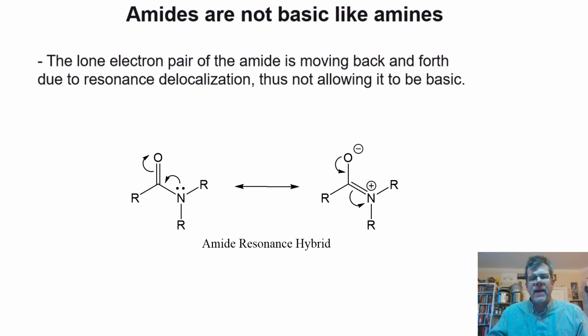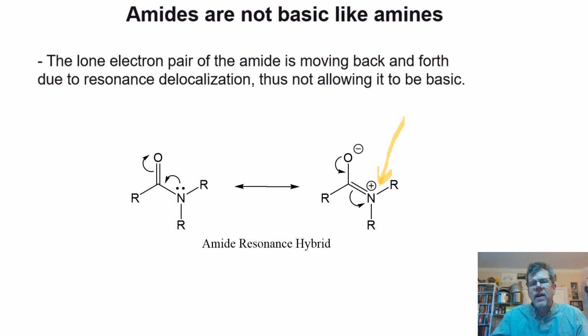Having said that, it really makes a statement as to the activity of this lone electron pair. That lone electron pair is not always there on that nitrogen. If we look over here, on this nitrogen of this resonance contributor, we don't have a lone pair. So it's just kind of halfway there. That's not a real scientific way of saying it, but it's not all there, to be colloquial about it.